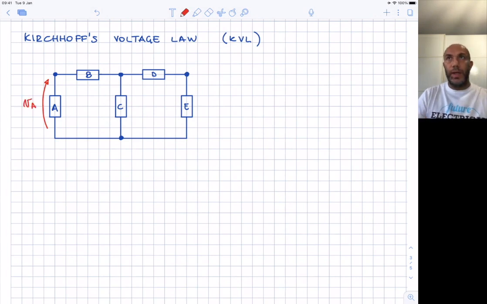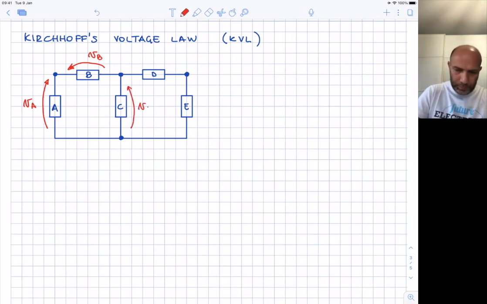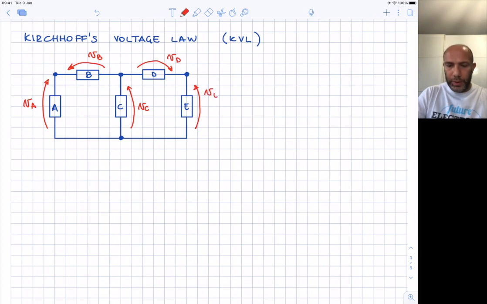For example, VA is pointing up, VB is pointing to the left, VC is pointing up, VD is pointing right, and finally VE is pointing up. This orientation is arbitrary and it is not related to the orientation of the current.